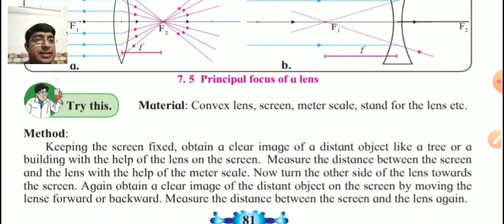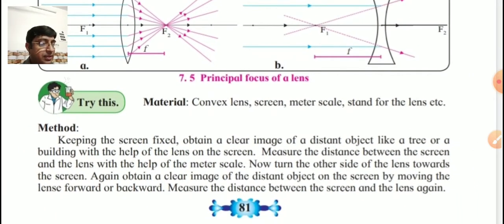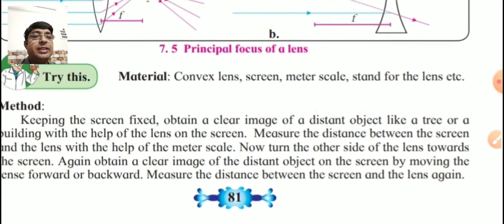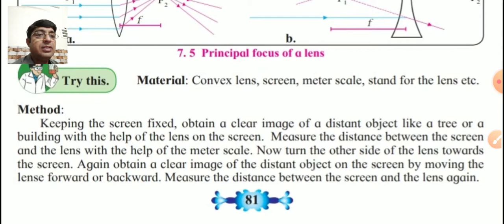Now try this. Some material is given to us: a convex lens, screen, meter scale, stand for the lens, etc. What is the method given? Keeping the screen fixed, obtain a clear image of a distant object like a tree or a building with the help of the lens on the screen.